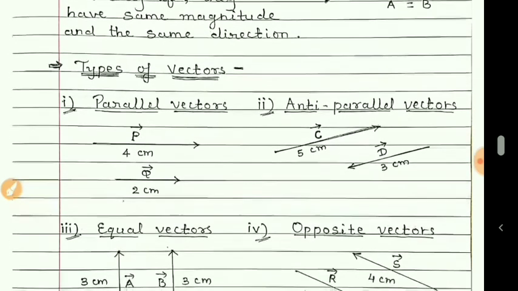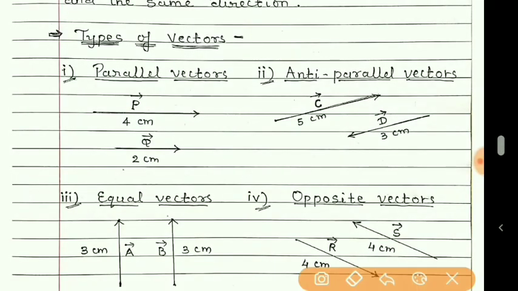Now about types of vectors. Students, this is not given in your textbook, but I feel that even this is important to know. Types of vectors. First is parallel vectors.